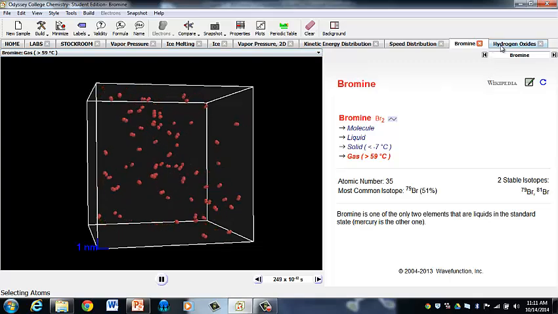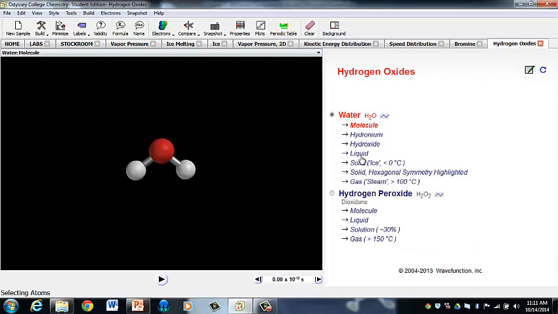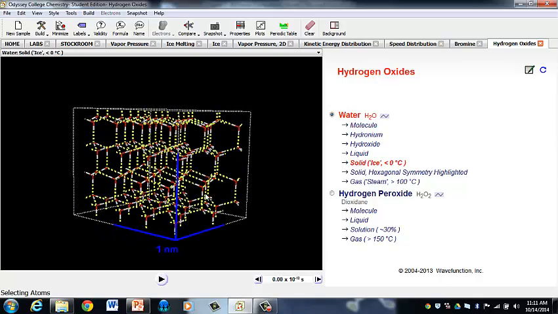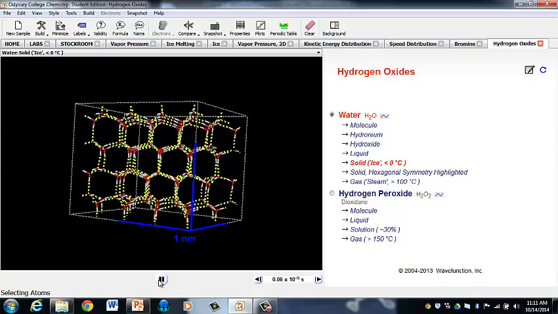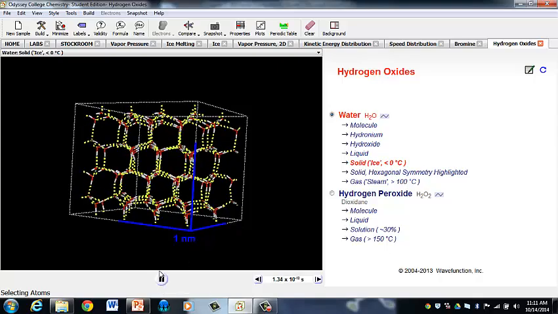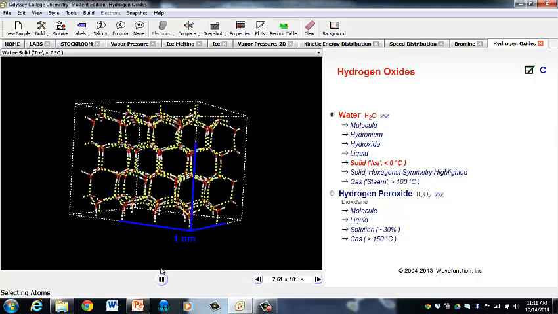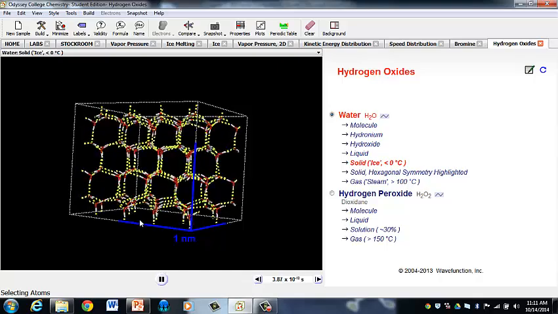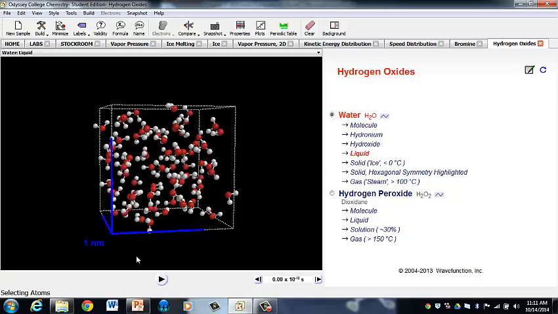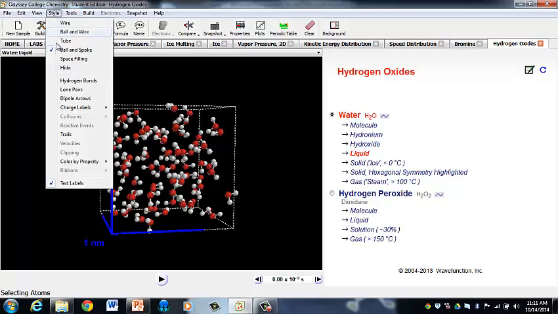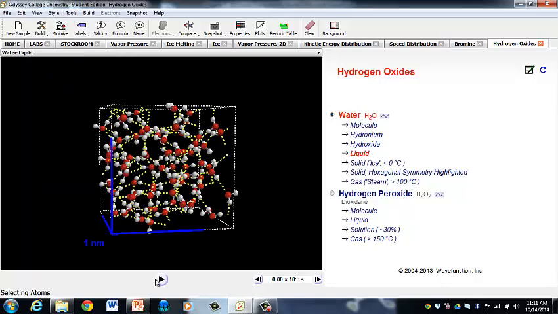We can look at the same thing for water. So ice, there's ice with the hydrogen bond shown. And if I let them move, they stay in place. They wiggle. In a liquid, let's show the hydrogen bonds again.